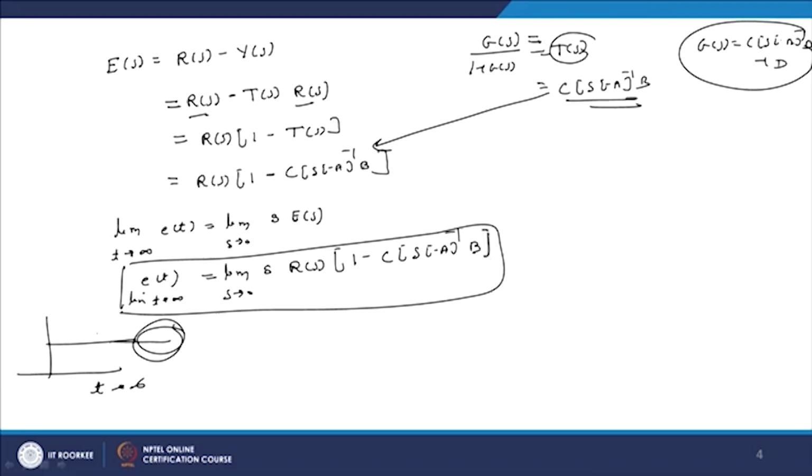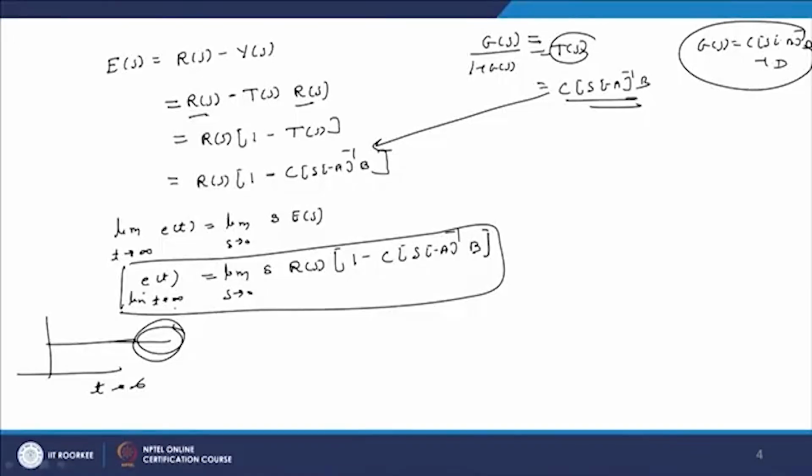So, here main aim is to determine the steady state error at t tend to infinity, that is at steady state what is your output. So, this is the formula for getting the steady state error, limit s tend to 0 of S R of S over 1 plus C (SI - A) inverse B, and you will find that this error depends upon what input we have, and again this C (SI - A) inverse B.